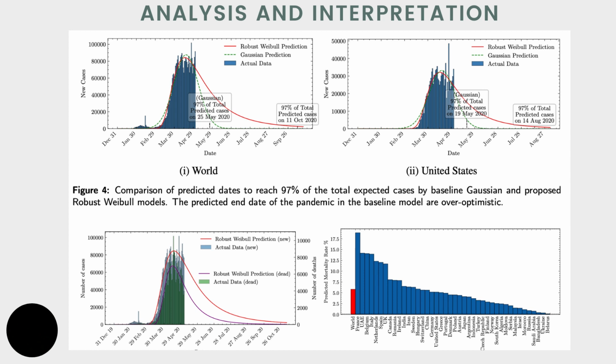The other one on the below part, on the left-hand side, is the number of new cases and deaths by country. It shows the curves corresponding to both new cases and deaths across the world. Using the predicted total deaths, the expected death rate can be calculated as 100 times predicted total deaths over predicted total cases. So there are some countries that have a lower predicted death rate than other countries.